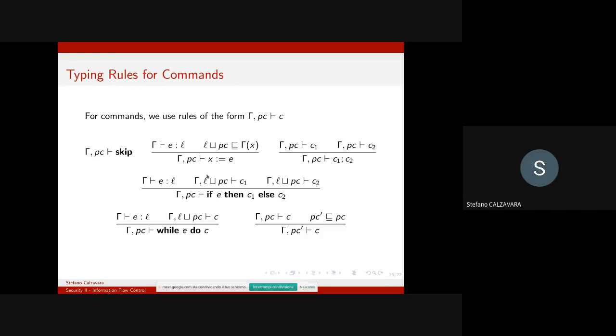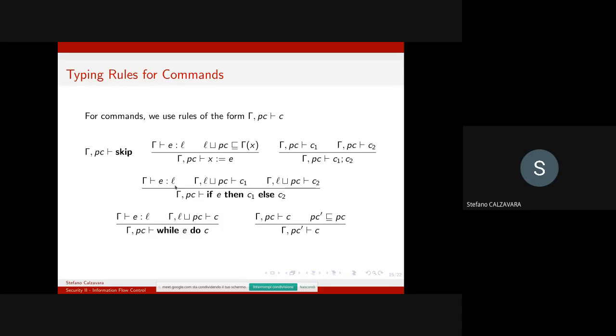In particular, you can see that in the rule for conditionals, because once we type check a conditional, what we do is we first type check the guard, we get the label of the guard, call it L, and then we type check the then branch and the else branch with a new PC label, which is equal to the original PC label that we have, joined with the security label of the guard.